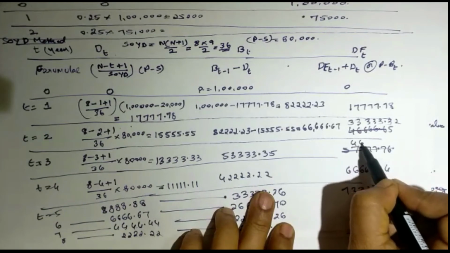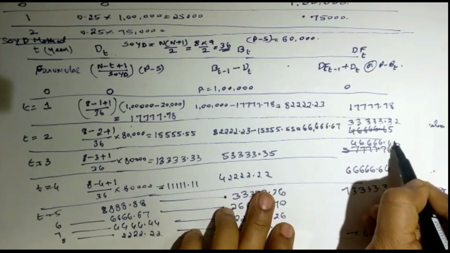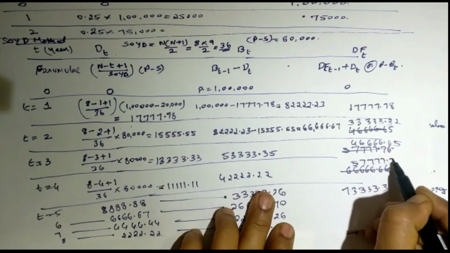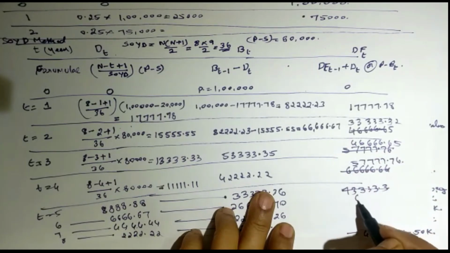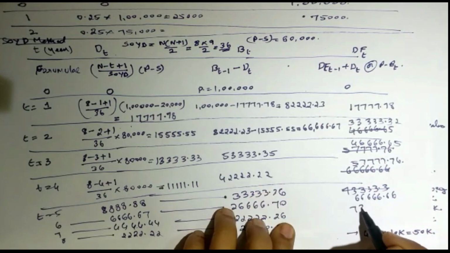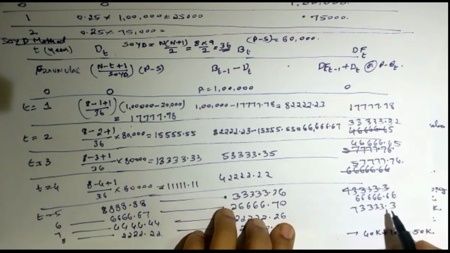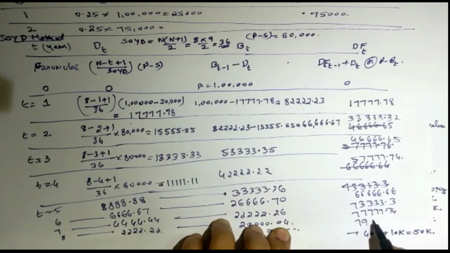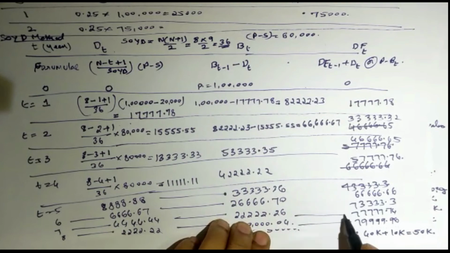This would be 46,666.65. This would be 57,777.76. 66,666.66, 73,333.33, 77,777.74, and 79,000, almost 80,000. So you get the values like this.